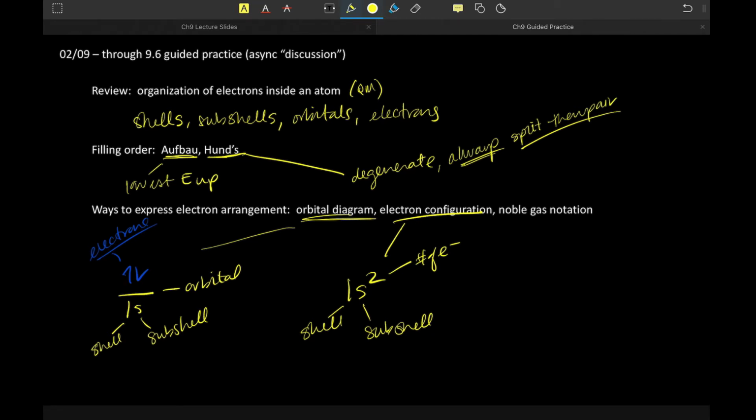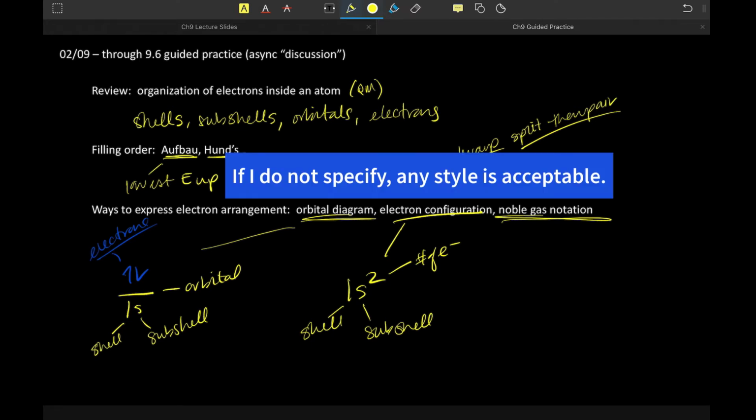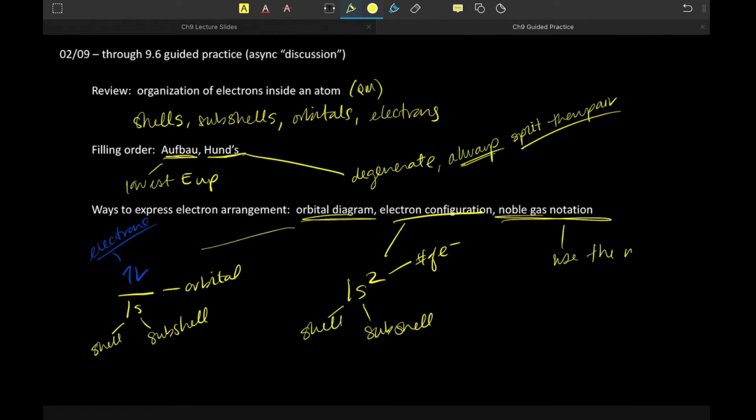And then we have noble gas notation, which is like shorthand. When we do some practice, we'll talk about how to do that, but we will use the noble gas before, just like your book says, as an abbreviation.